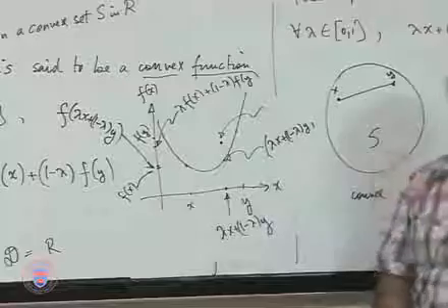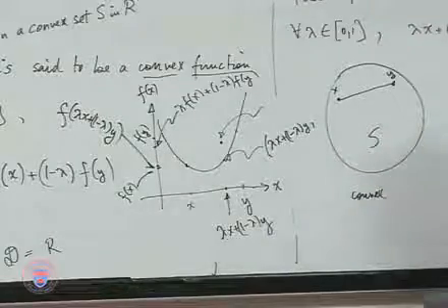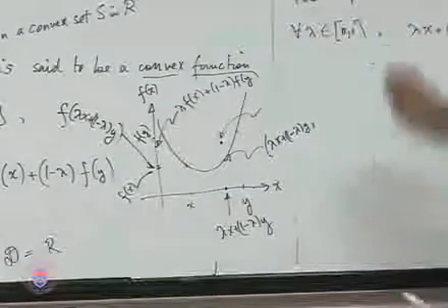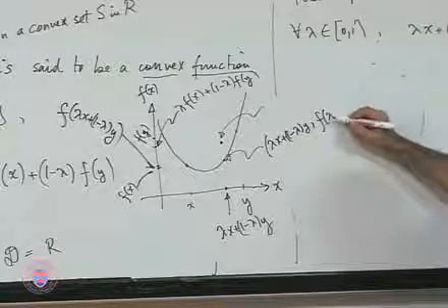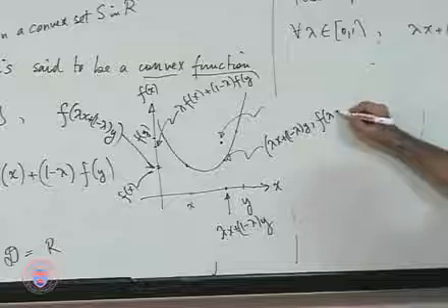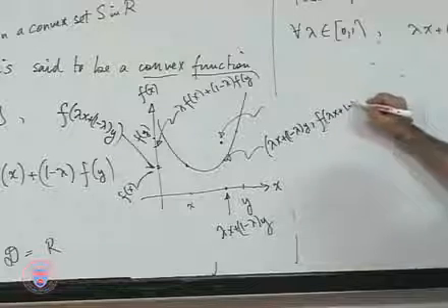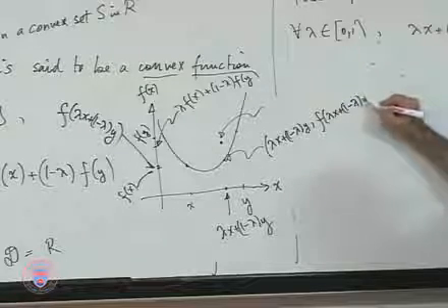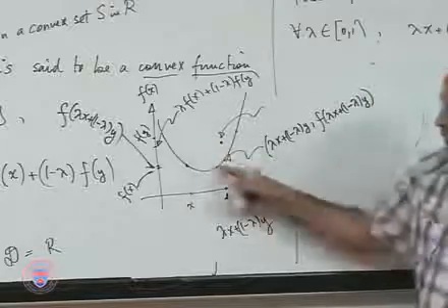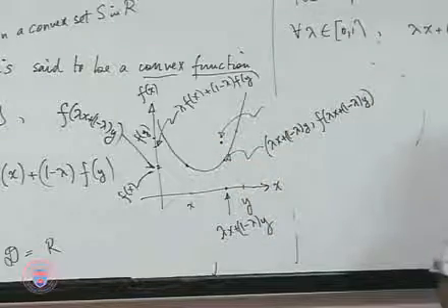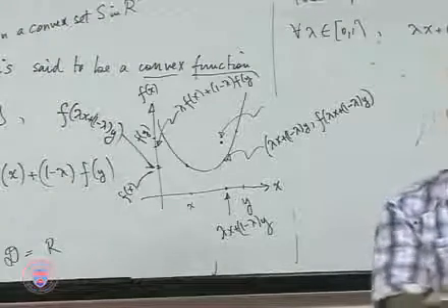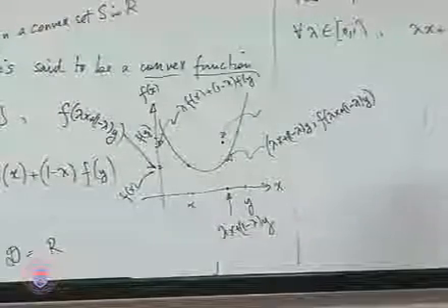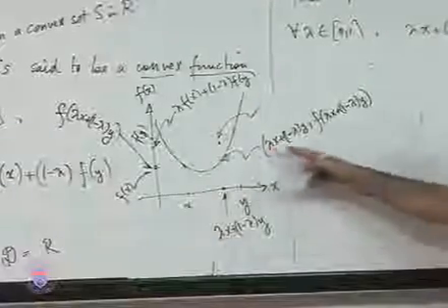I mean the f of x coordinate, the second coordinate. It's f of lambda x plus 1 minus lambda y. Because this graph is the set of two tuples x and f of x, with x ranging in the domain. Okay? All right, it's that point.